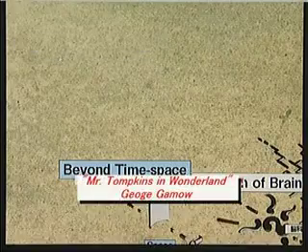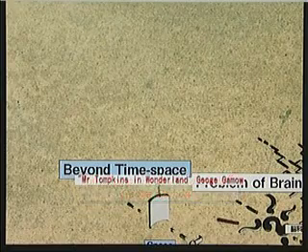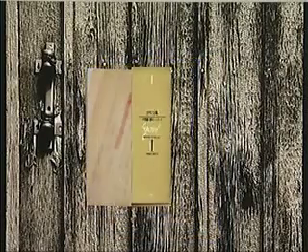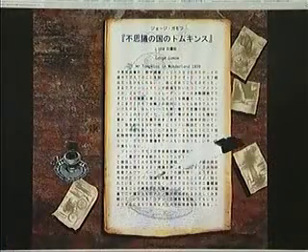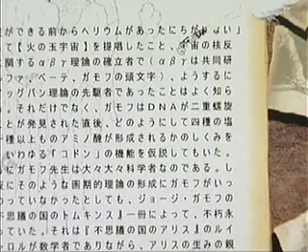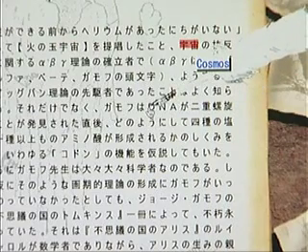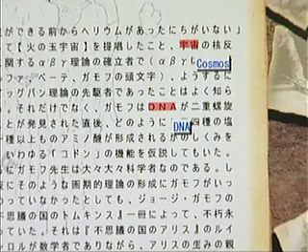Keywords curious, time and space are selected from the book metropolis, and Matsuoka's portrayal of Mr. Tompkins in Wonderland by George Gamow appears. Here, the phrases cosmos and DNA are highlighted in red.